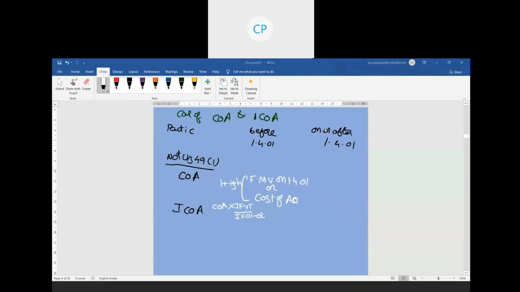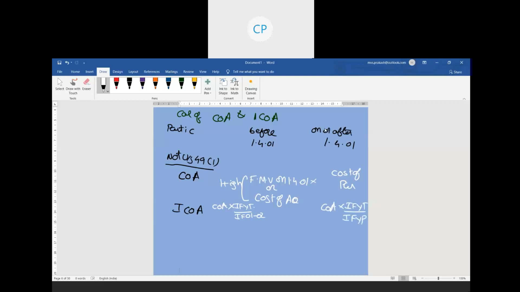There is no FMV point here. My cost of acquisition will be purely the cost of purchase. Then how do I calculate the indexed cost of acquisition? Cost of acquisition remains the same, into the index for the year of transfer. What changes is the divisor: the index value for the year of purchase.